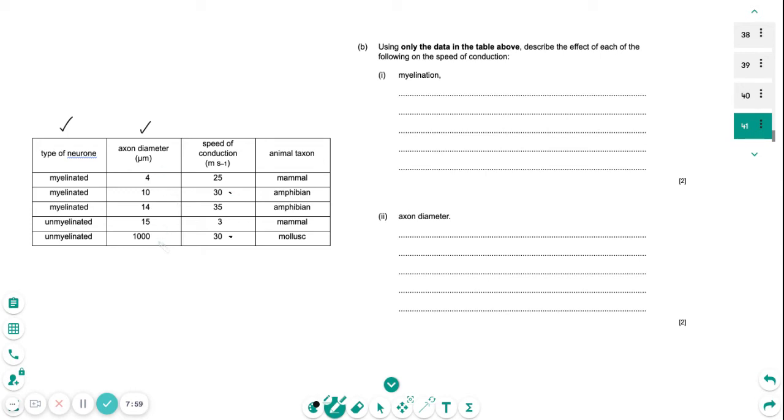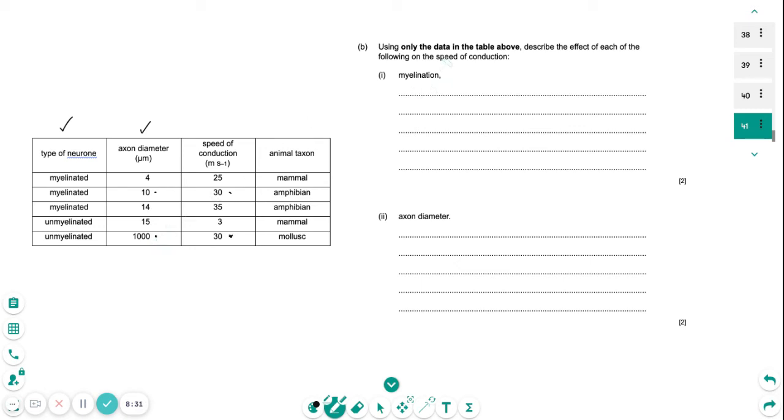In order for the unmyelinated to achieve this 30 meters per second, its axon diameter needs to have been 1000 micrometers, whereas this one only needs to be 10 micrometers. So in order for an unmyelinated neuron to achieve the same speeds as a myelinated neuron, the axon diameter had to be 100 times wider. So we can see the importance of myelination.